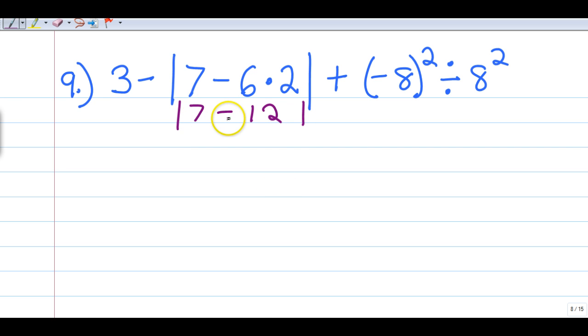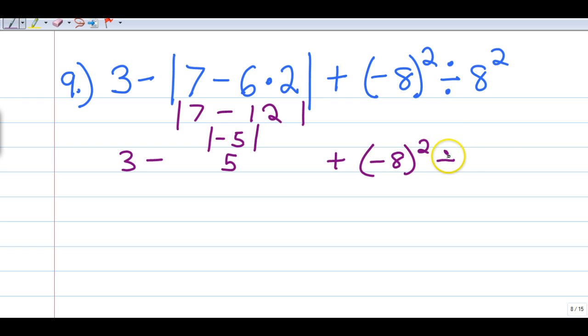The 7 minus 12 is going to create the absolute value of a negative 5. A negative 5 is 5 places from 0, so the absolute value of negative 5 is 5. Carry down all the rest, so that 3, that minus sign, carry down your plus, negative 8 raised to the second power divided by 8 raised to the second power.